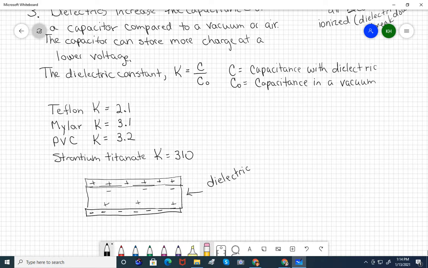So this slight amount of charge in the dielectric is going to reduce the value of the electric field, and it's going to reduce the potential difference.